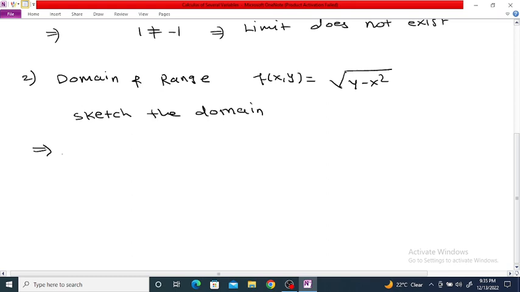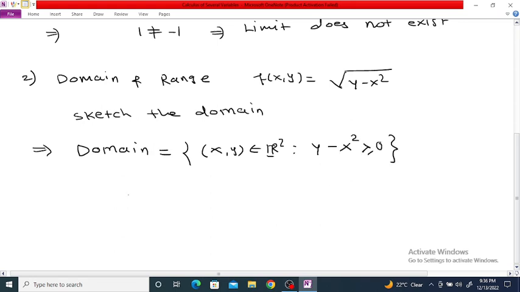So now here we want to determine the domain. Here the domain is equal to the collection of all (x, y) belonging to R square such that y minus x square is greater than or equal to 0. In other words, it is the collection of all (x, y) in R square such that y is greater than or equal to x square.